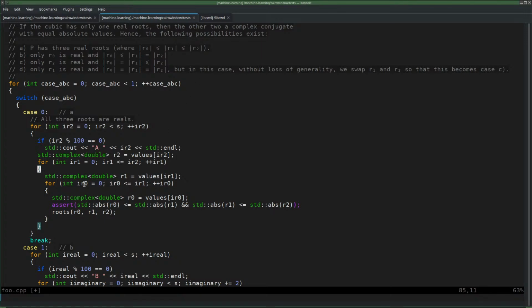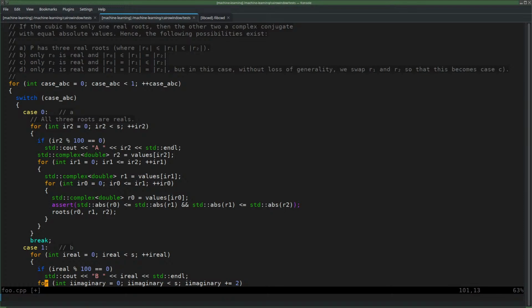And then we do that again for the index of R0. So this is also the case. And then we have generated all possible cubics with real roots. Extra assert here, but it has never failed me yet. And then I call a function that takes those three roots.